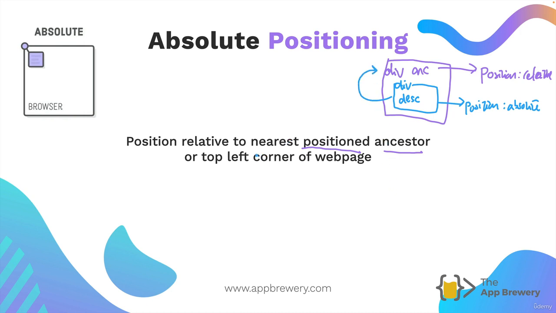And notice the wording here, the nearest ancestor. It could have multiple ancestors with position relative, but it's the nearest one that matters. If it doesn't have a positioned ancestor, then this second rule becomes valid, where it gets positioned relative to the top left corner of the web page, which is right here.